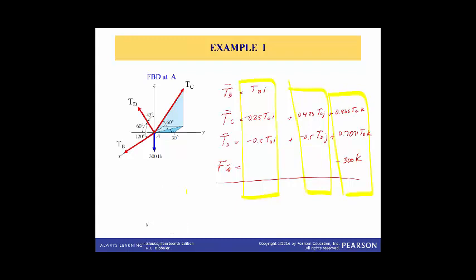Right here, the sum of the forces in X equals 0 for equilibrium. So what we have is TB, everything related to X: TB + 0.25 TC - 0.5 TD equals 0. This is the first equation. The second equation, sum of the forces in Y equals 0.